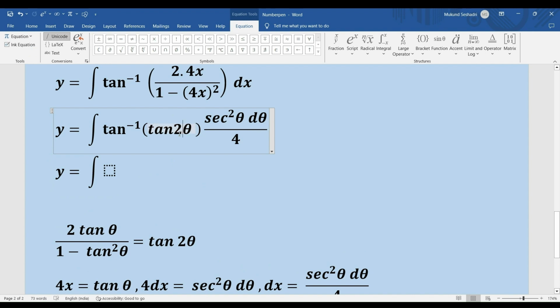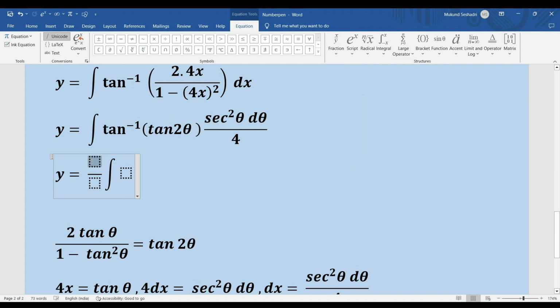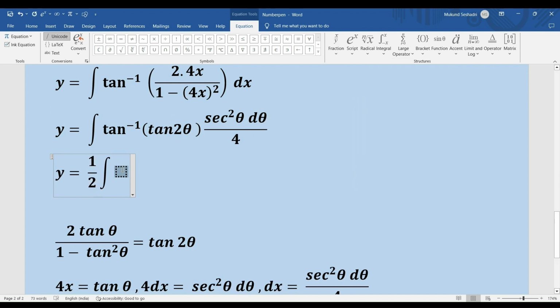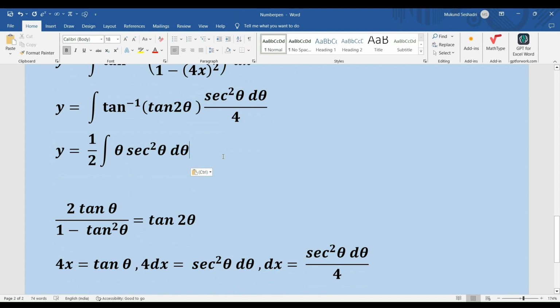My 4 in the denominator is nothing but 2 into 2, and I can cancel one of the 2s with the 2 of the 2 theta in the numerator, and I'm left with 1 by 2 times, and I can pull that 1 by 2 outside the integral, right? 1 by 2 times theta into secant square theta d theta. That's what I'll be left with. Now, how do I go about solving this? This is not too difficult, at least by now, because we have solved even more complex problems than this using integral by parts.